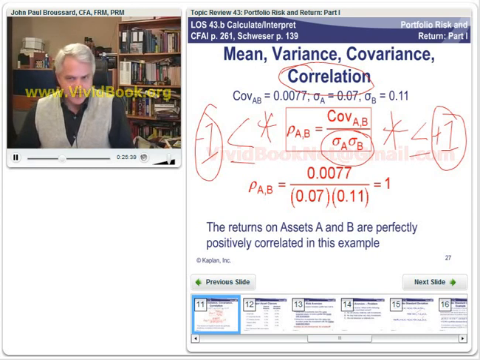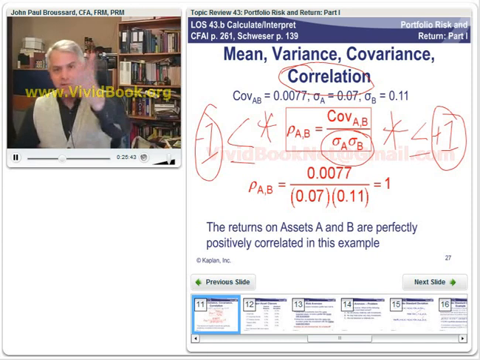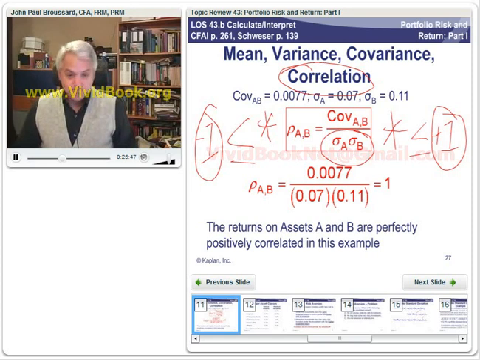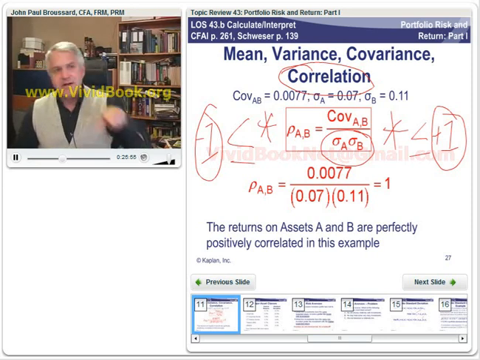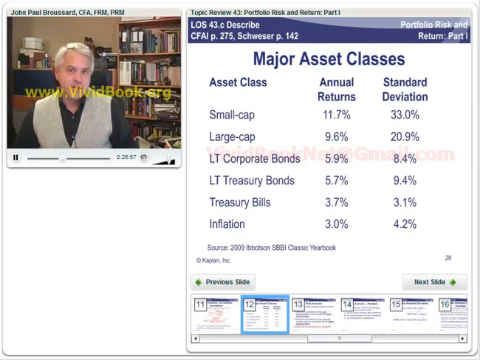But that's my personal preference. And so when we do that, we find that these particular assets are perfectly positively correlated. They're moving in the same direction at the same time very strongly. It's perfect positive correlation, so if you plotted them, you'd have a straight 45-degree line.